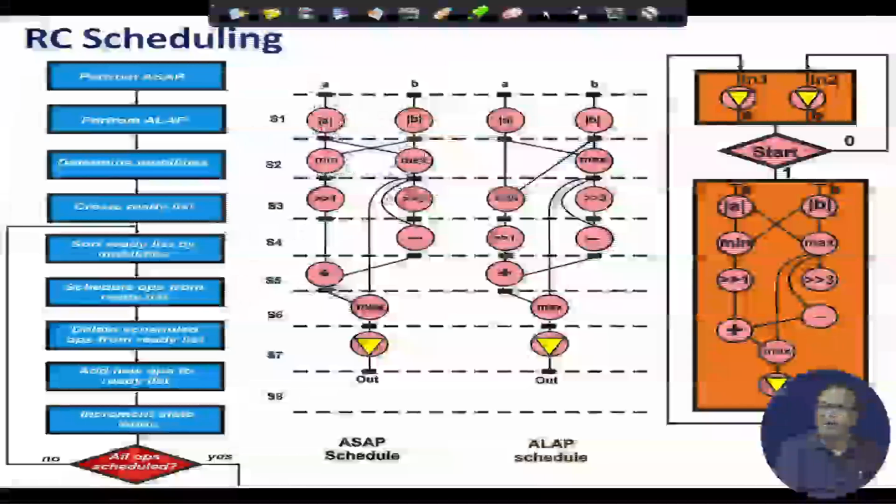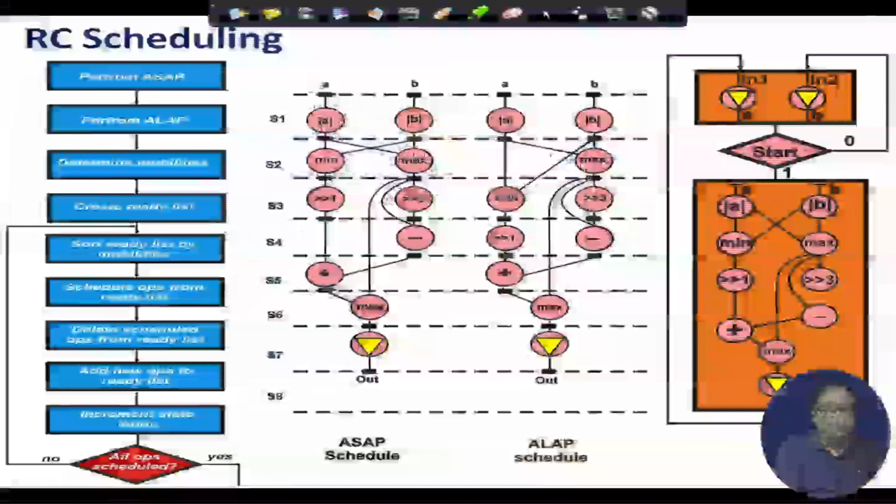Now, out of this min and max, which one has got more mobility? Min has got more mobility, max has got less mobility. Therefore, max appears at the top of the list and min below. Therefore, I now schedule max. As soon as max is scheduled, what becomes ready? What is there in my ready list? Min is already there in my ready list with mobility 1, and now shift comes to my ready list.